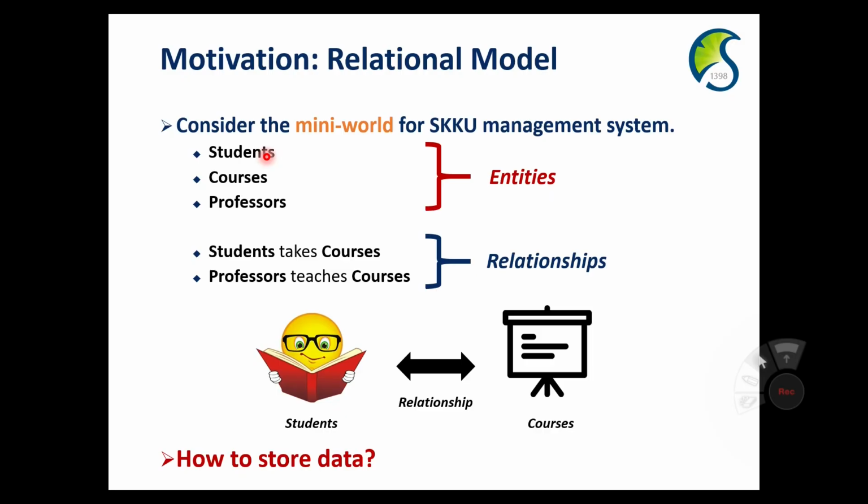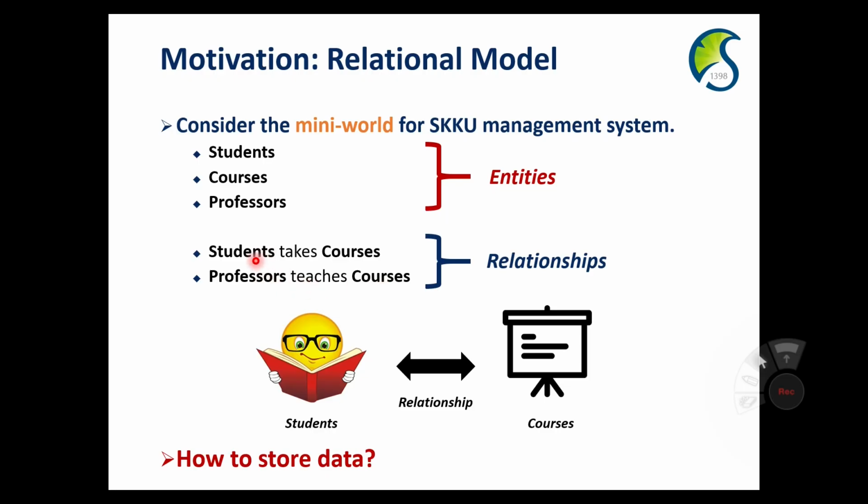And when we store these data, we also need to store some relationship between two entities, called relationships. It means that we also need to store the information on students taking courses and professors teaching courses.